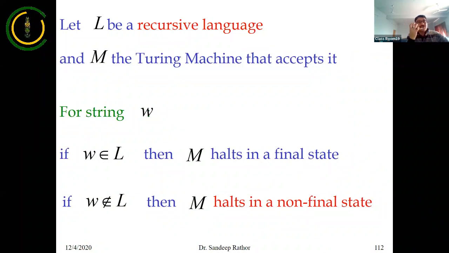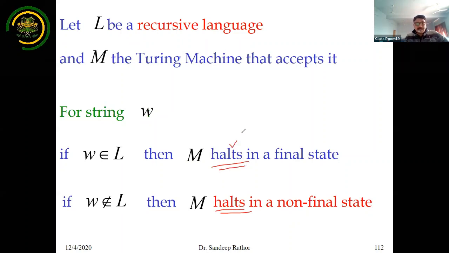That means your Turing machine halts in the final state if it accepts. If W does not belong to L, in that situation, your Turing machine should halt in the non-final state. This is the important point here: in both cases, your machine must halt.